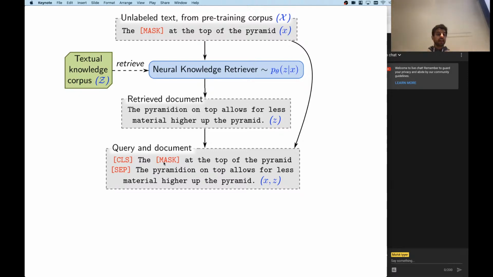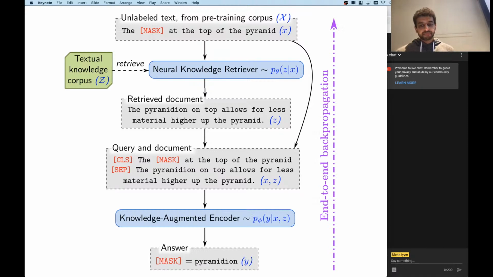So remember that in BERT, my self-attention is not masked. And so when I'm predicting the identity of this mask token, the representation has attended to all of these tokens in the future, including this pyramidion token. So that's why you might expect the prediction of pyramidion here to be much better than without this retrieval.